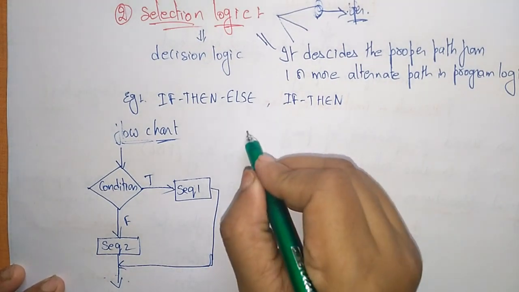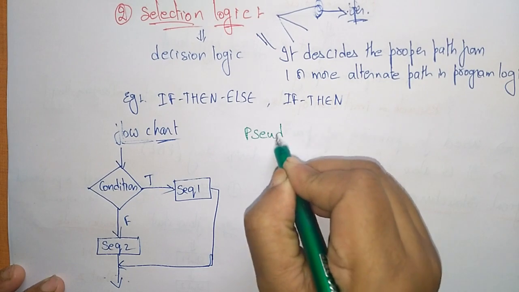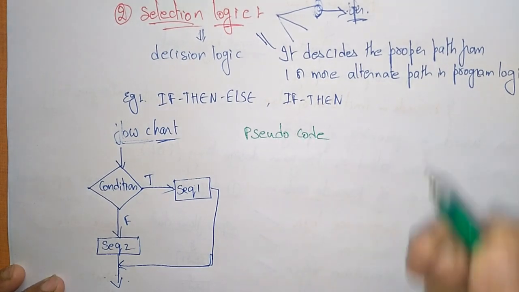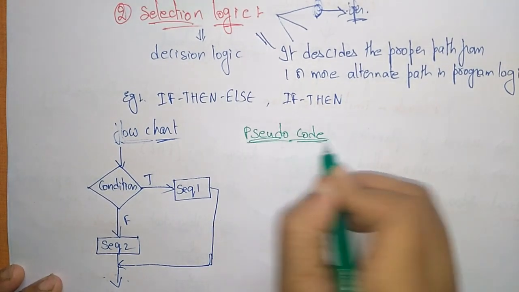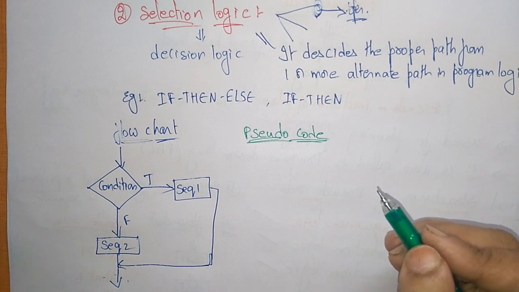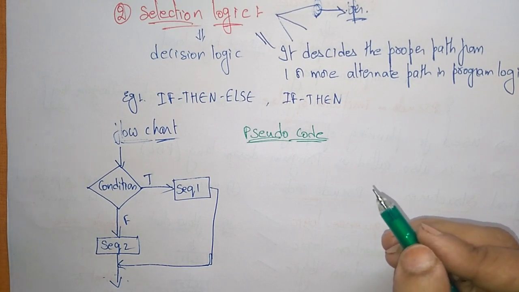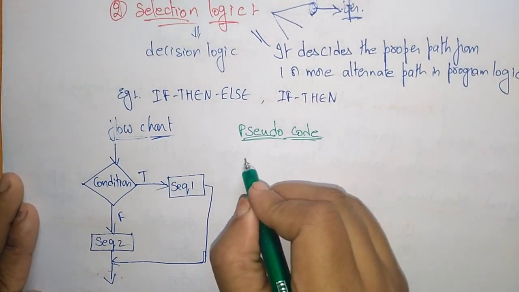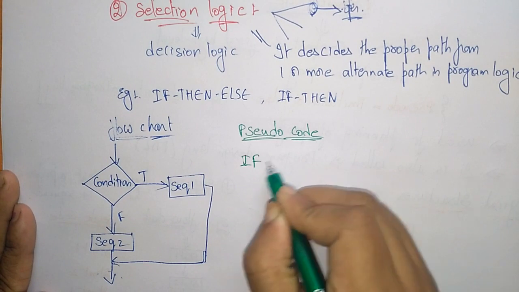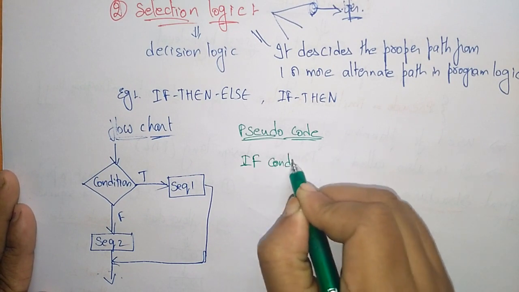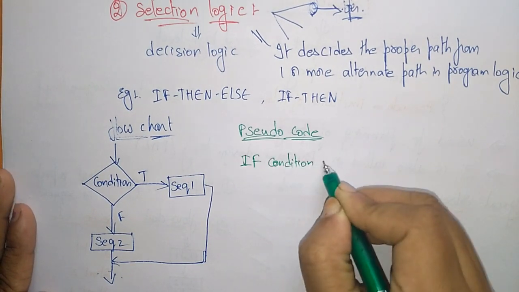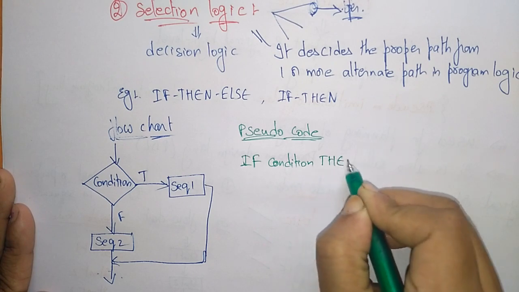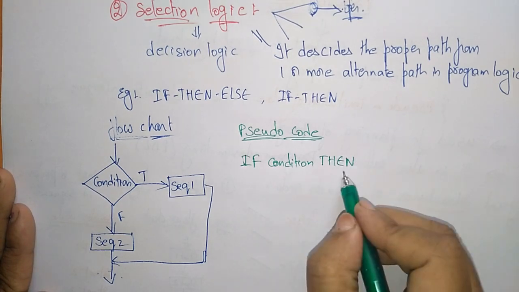Now how will you represent it in the form of pseudocode? The main thing in pseudocode is that the keywords should be represented in capital letters. That is important to note. So the keywords IF, condition, THEN, these should be in capital letters.